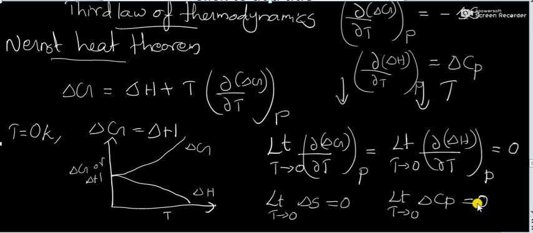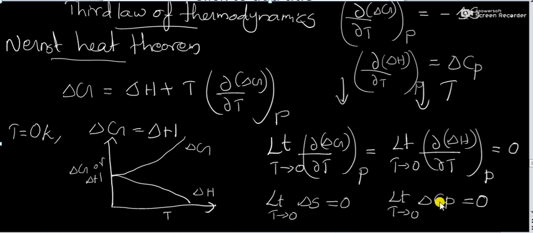That is near to 0 Kelvin, any process should occur without change in entropy and without change in heat capacity at constant pressure.